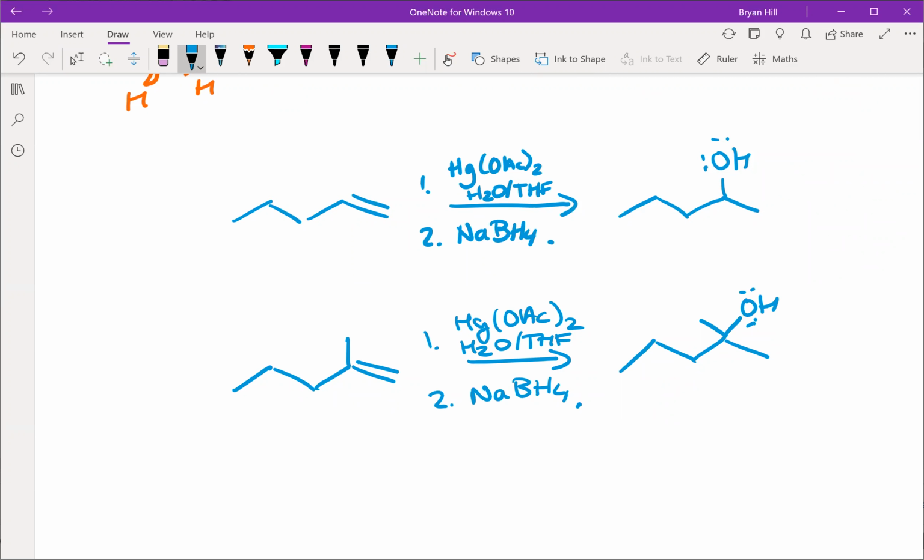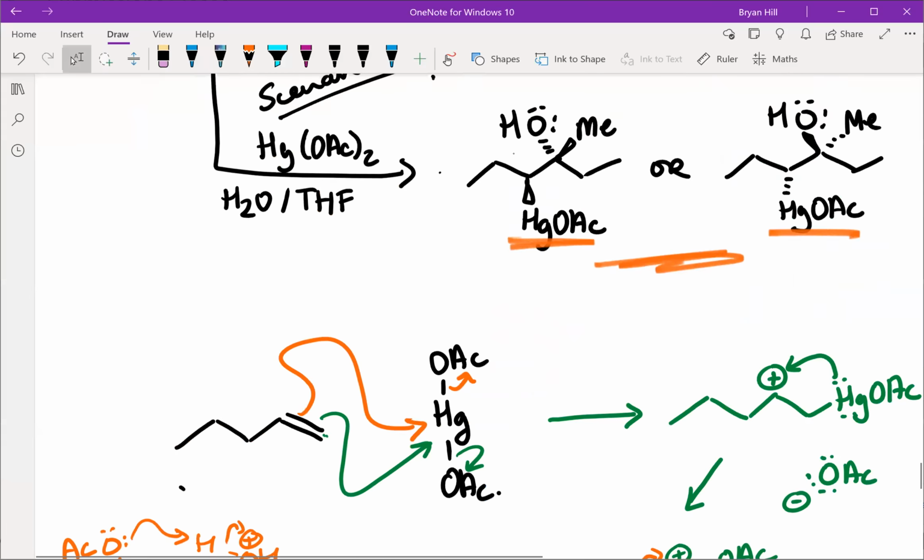So key point, when you're adding OH across this, these are Markovnikov. So the OH is on the more substituted carbon. Right, the complementary reaction is route B. So now let's go back.